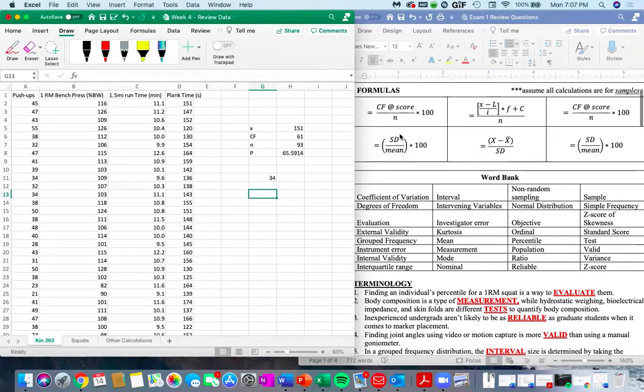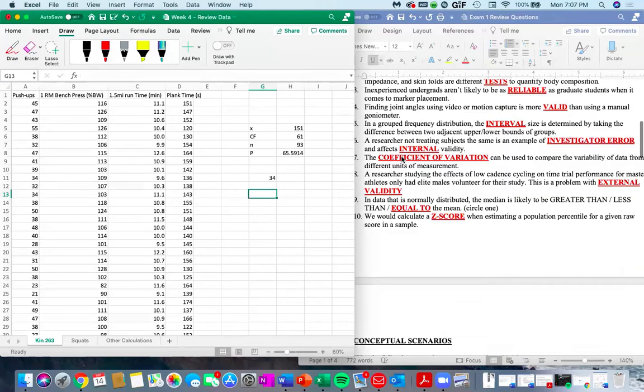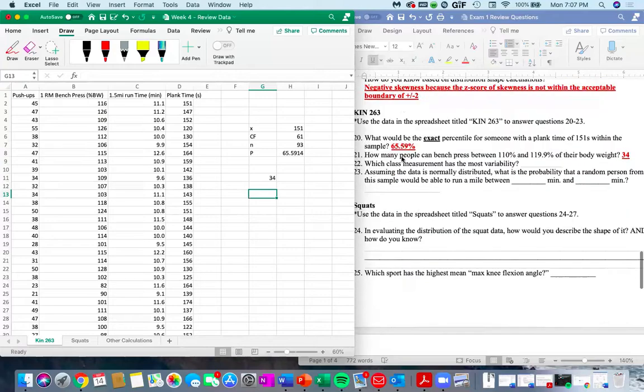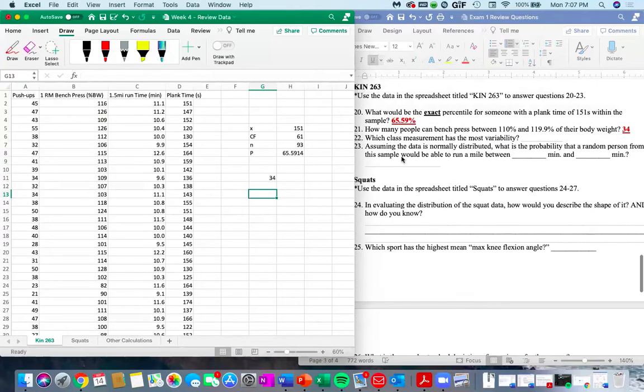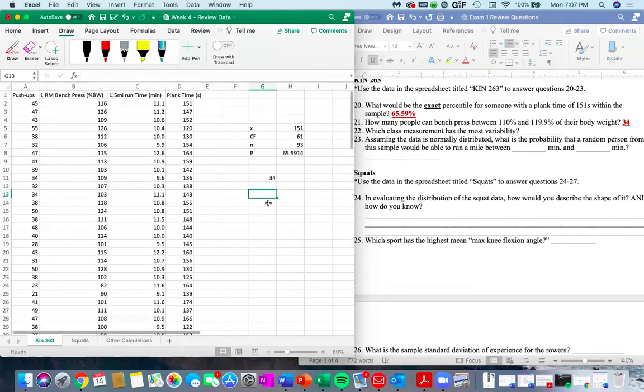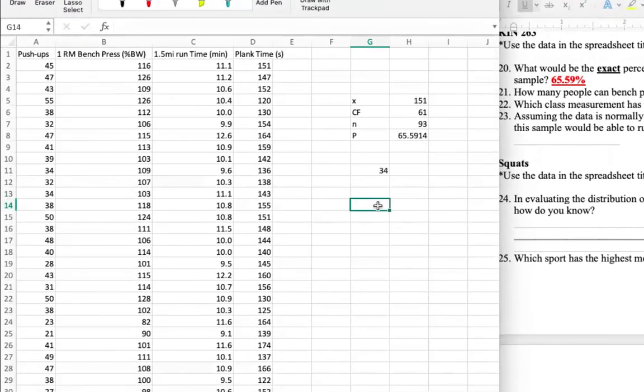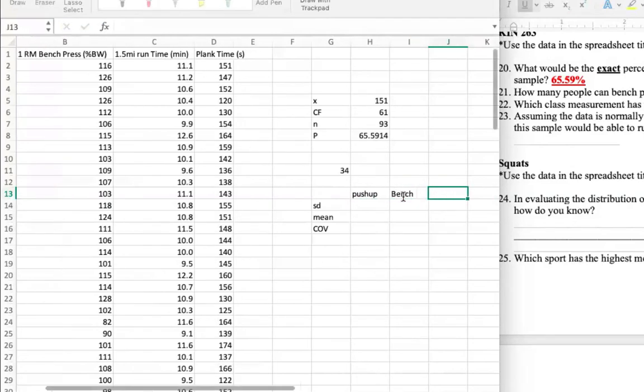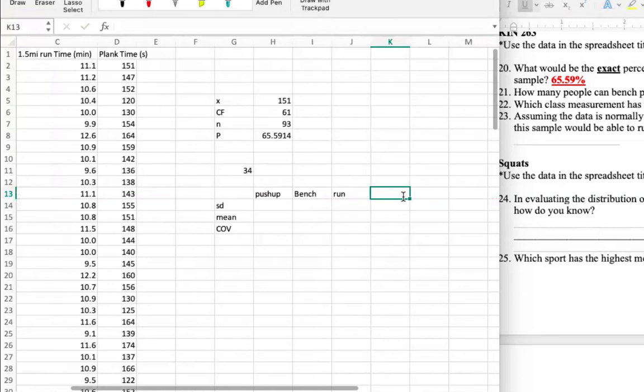We calculate standard deviation, and we also need to calculate the mean, right? So you have to think about whether there are hidden definitions in the question, and then what you would have to calculate to get that. We need standard deviation and the mean, and we divide those two to get our coefficient of variation. We can do this for push-ups, bench, run, plank.